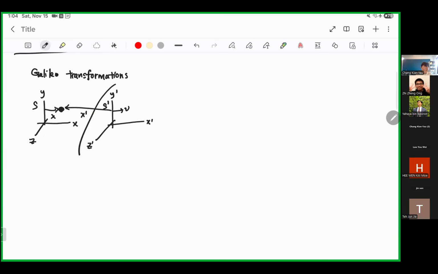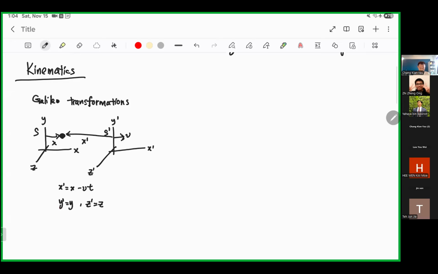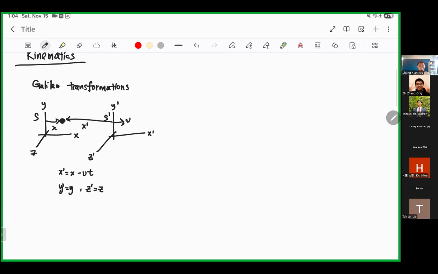And this thing moves, right? So technically, you can get the relationship, which is x prime equals x minus vt. Because it moves in the x direction only, we have y prime equals y and z prime equals z. So this is called the Galileo transformations, and it should be quite intuitive, I think.